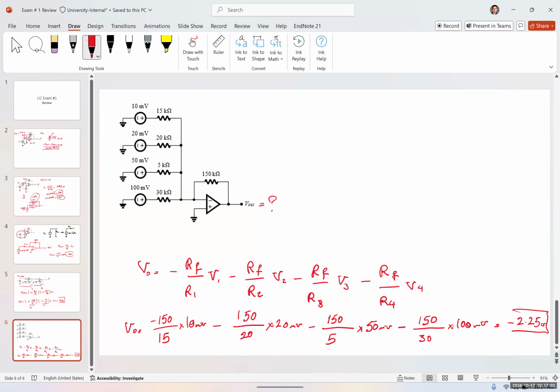A few things that I want to mention. The first thing is that this exam would be up to before the op amp limitations. So we're not going to have any of the upper cutoff frequency, lower cutoff frequency, gain bandwidth product, and so on.